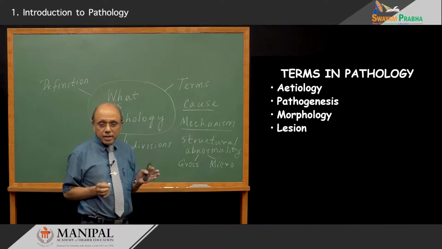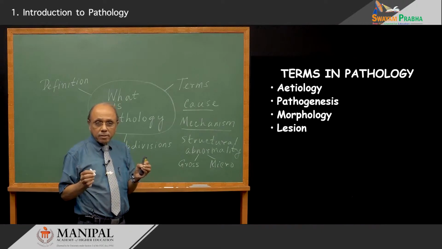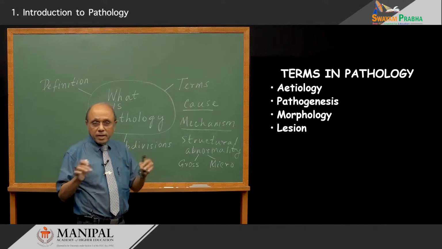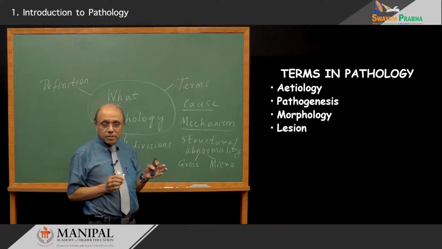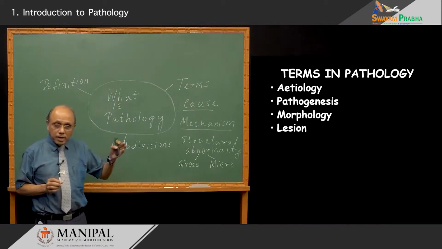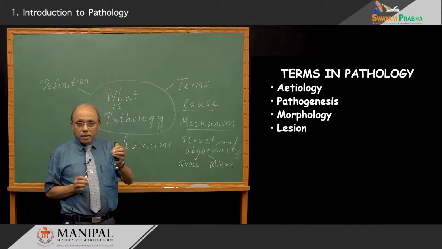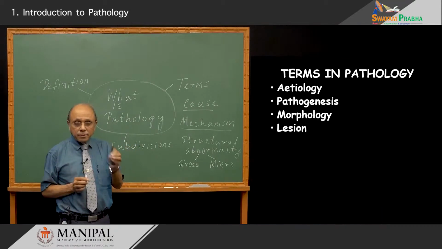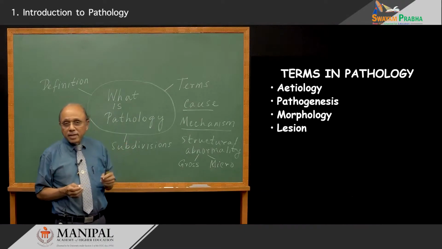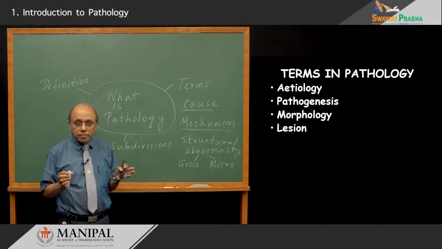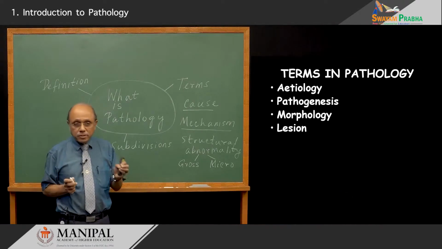So, the affected area, the abnormal area in an organ, the focus which has undergone some pathologic change, that is called lesion. In its simplest definition, a lesion can be seen as that area which is abnormal structurally or functionally.